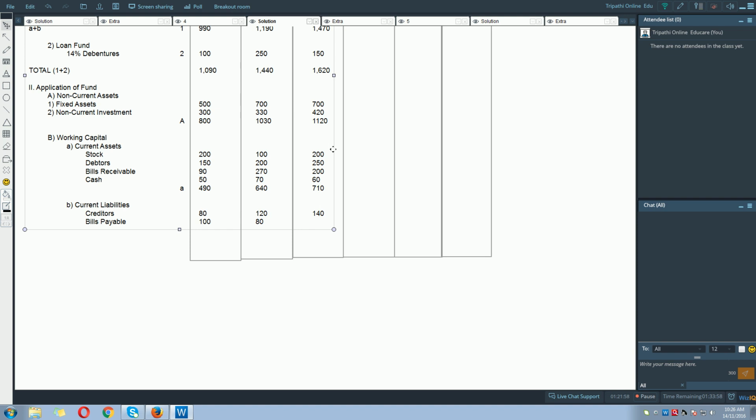So your total current assets will be 490 of first year, 640 of second year, and 710 for third year.